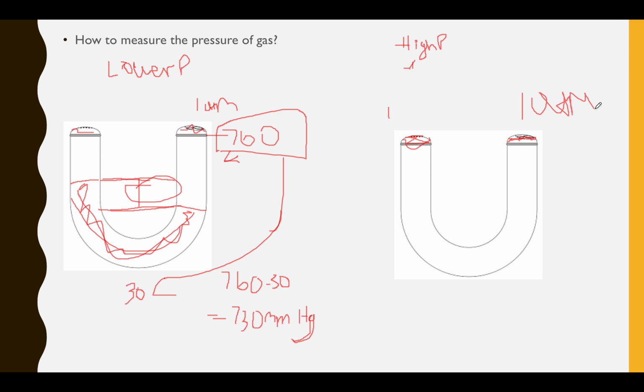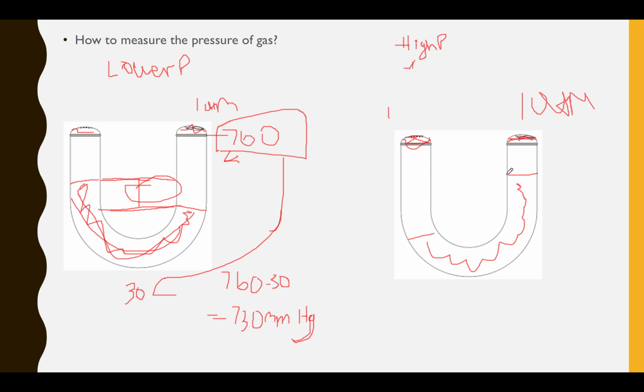Remember, ATM is atmospheric pressure. For the high pressure system, we are going to have an imbalance right here. This side is going to be lower than this side because the higher pressure side is pushing down, pushing the mercury up to the atmospheric pressure. This in between is once again the mercury.